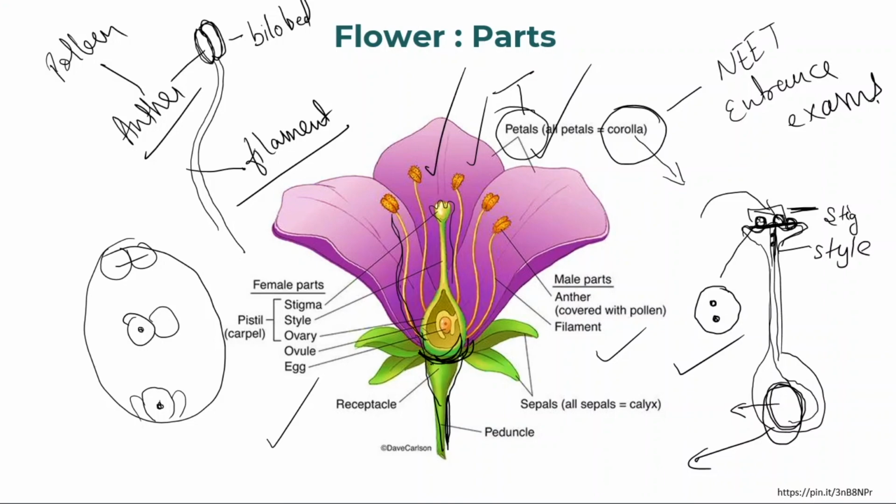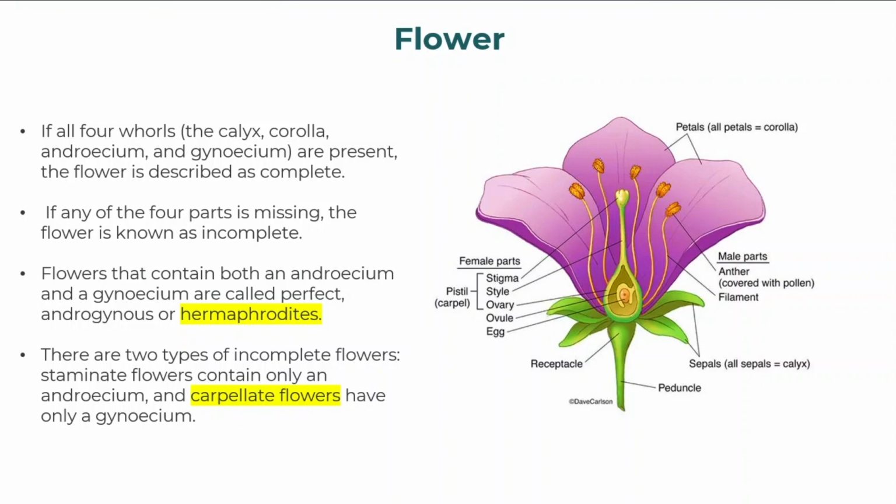The male part, the female part, the petals known as the corolla, and the sepals known as the calyx. And this is the receptacle. The whole flower is made up of four whorls. The calyx is the sepals, remember that.